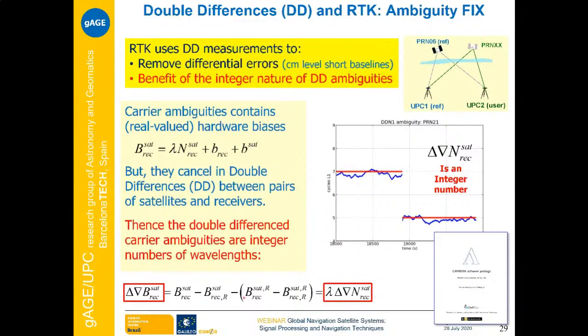In this way, we remove this real valued part, and in these double differences we have the ambiguity term, which is an integer number of wavelengths. Then we can take benefit of this information in order to fix the ambiguities. And this is the key idea of RTK.